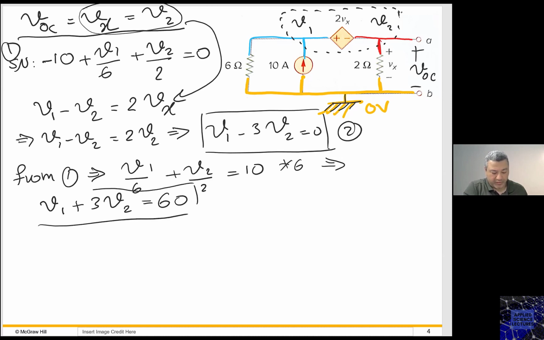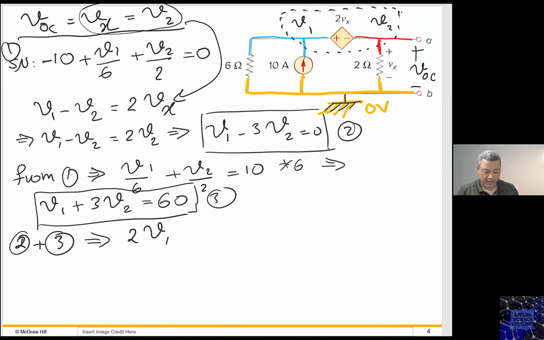Let me call this one 3. Now if I add 2 to 3, I should be able to get rid of one of the variables, which is V2. So adding them, 2V1 plus 0 equals 60, right? Which means that V1 is 30 volts.